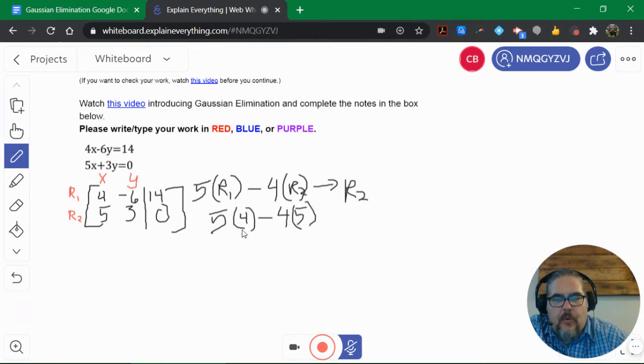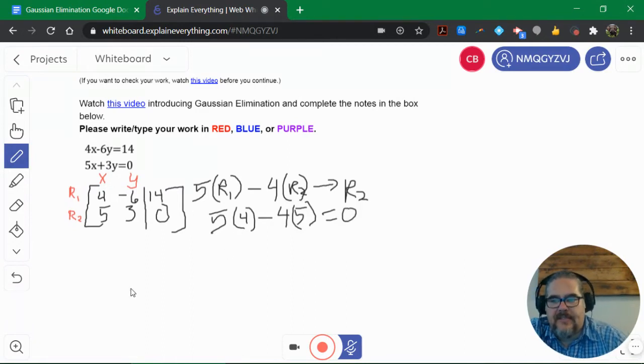Okay, and so what this right here is, it's just finding out the values for those, okay? And so what that's going to end up giving us is a 0. Okay, so that equals 0.